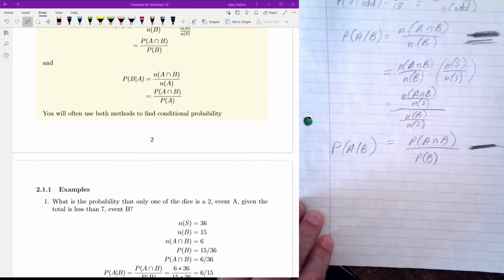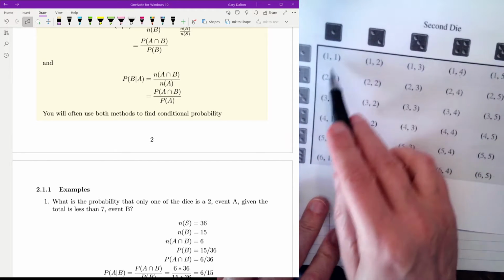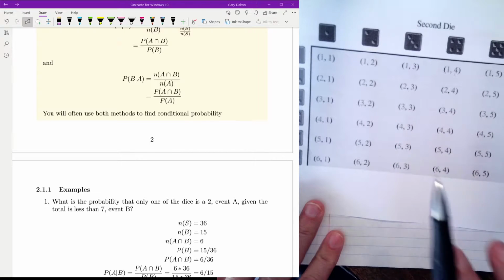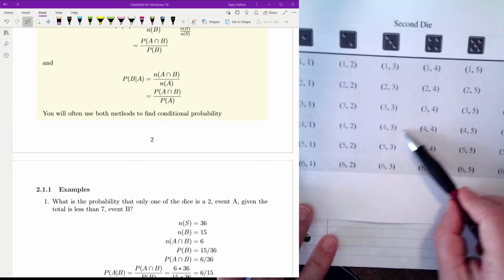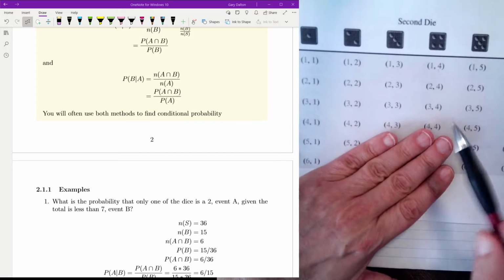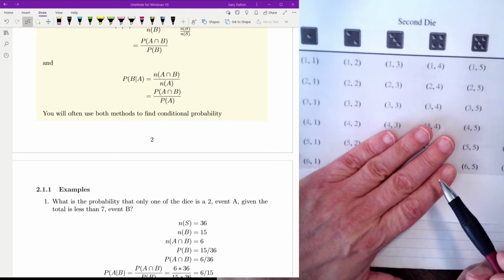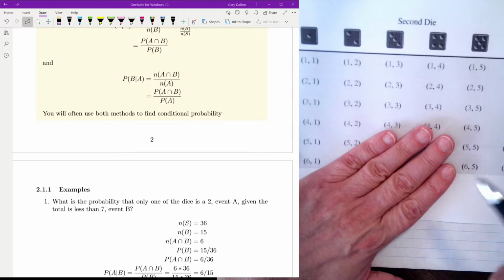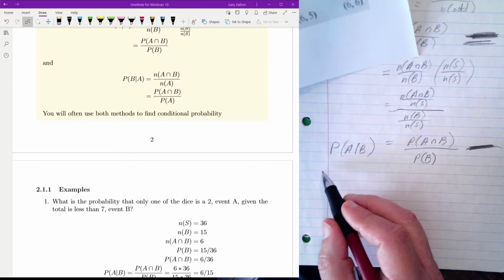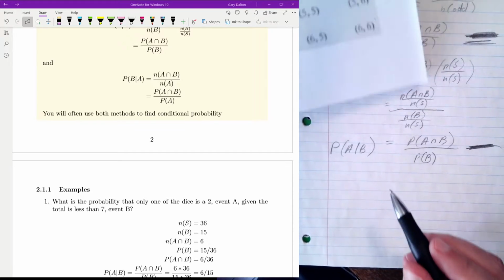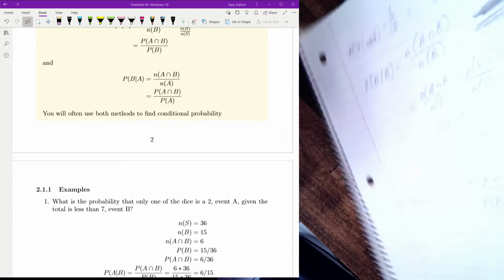Well, if we recall, this diagonal is 7, so we're looking at everything below this diagonal. There are two ways we can go about it, and we'll use both methods.